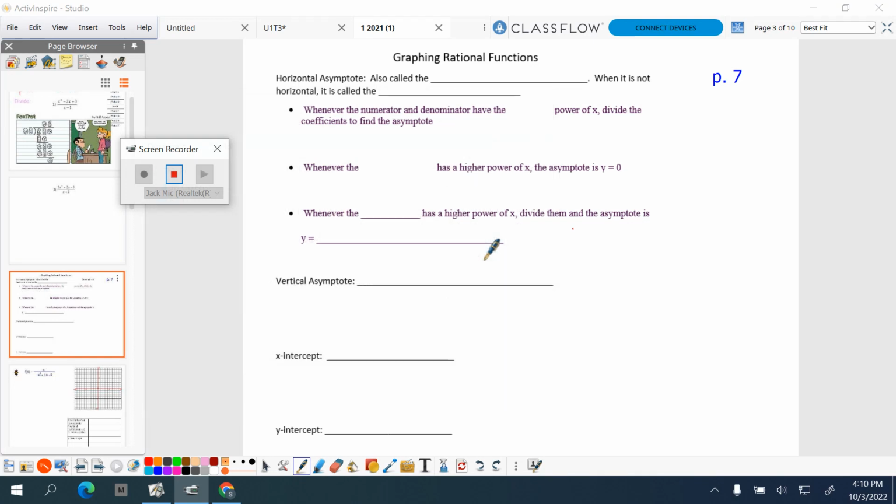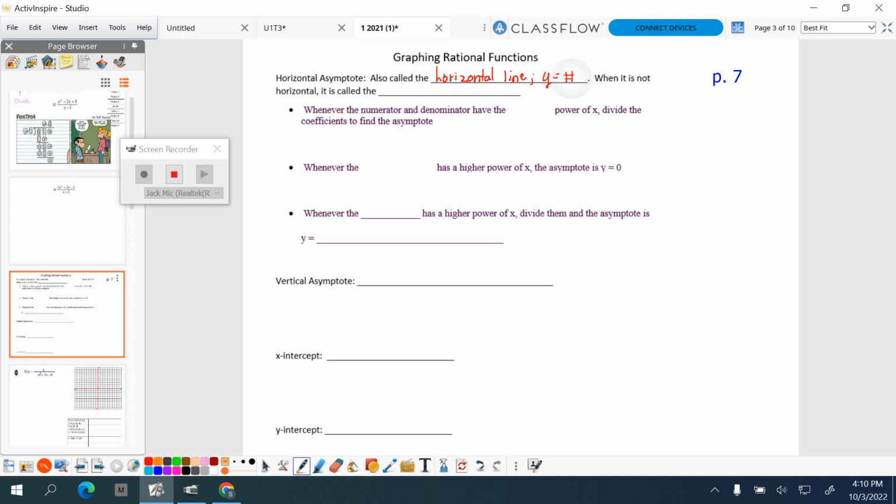So we're on the second section of this topic. We're looking at some vocabulary here. A horizontal asymptote, also called a horizontal line, is just this place that a curve can't pass over, and it's usually just y equals some number.